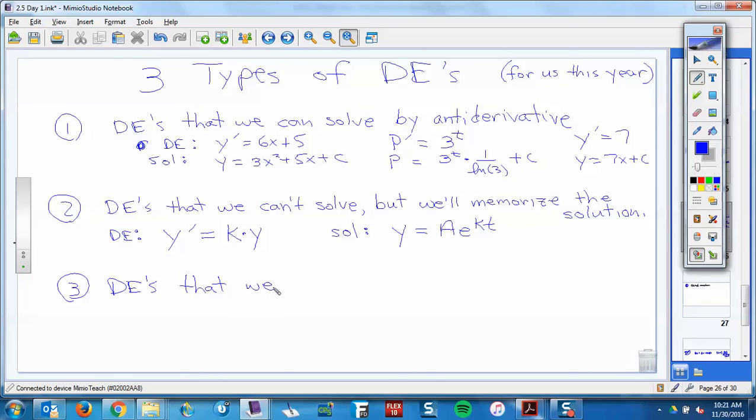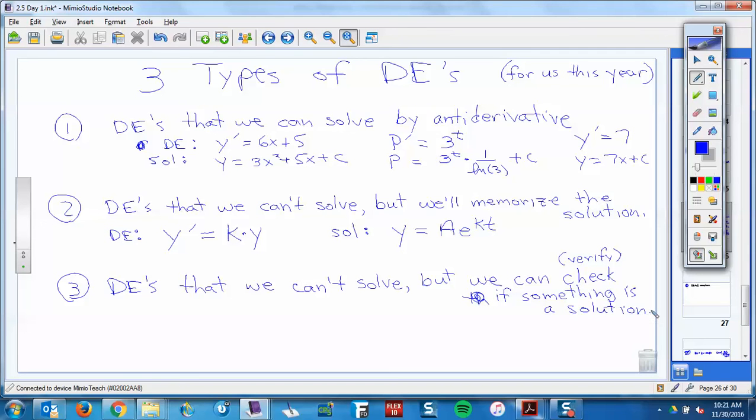So the third type are DEs that we can't solve, no solution, but we can check, or verify, if something is a solution. Okay? We can check to see if something is a solution.